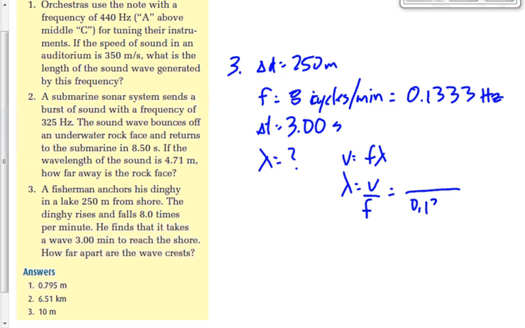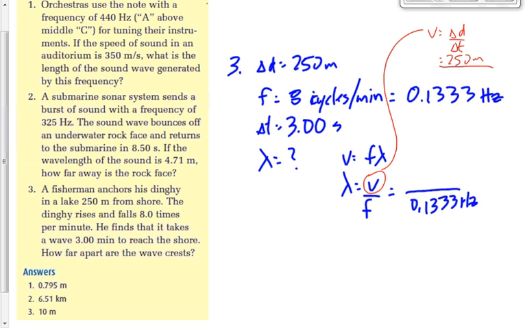We've got that, but we don't know what the speed is. So let's get the speed now. There's only one other equation that we have for waves here, and that's v is equal to delta d over delta t. We know the distance that the wave travels to the shore is 250 meters. The time was 3 minutes, wasn't it?